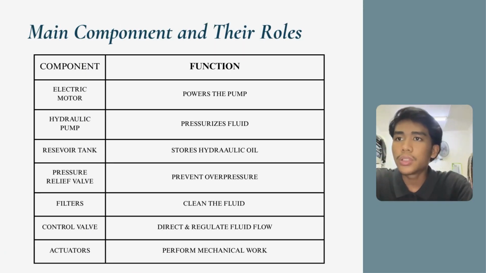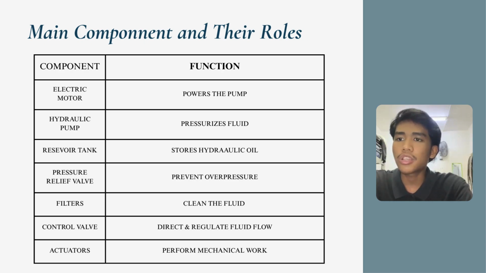Next, the main components and their roles. We have seven components. The first one is the electric motor, whose function is to power the pump. Then the hydraulic pump, whose function is to pressurize fluid. The third is the reservoir tank, to store hydraulic oil.